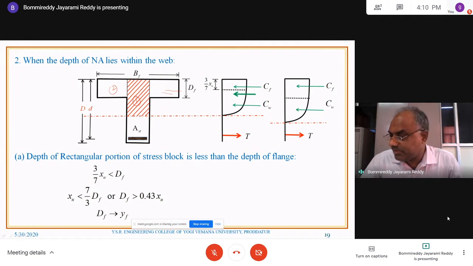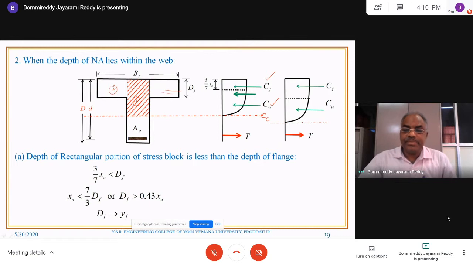This is nothing but the compressive resistance of the concrete, which is 0.36 fck B into Xu. Originally this is singly reinforced. Now in the case of the flange, CF is the additional force. So CF and CW are acting, and T will be the tensile force.